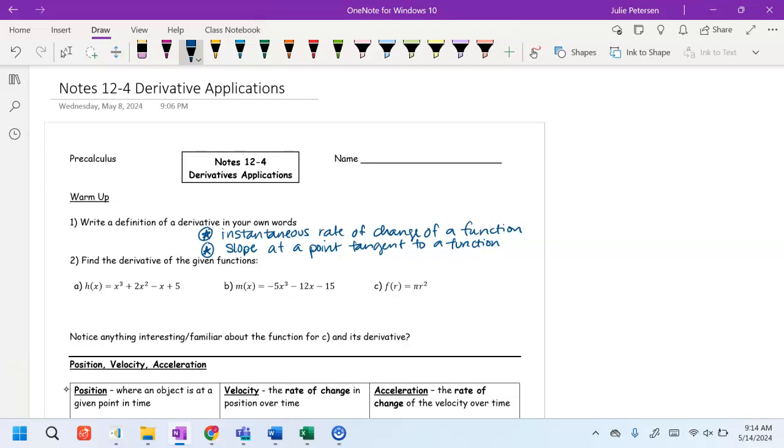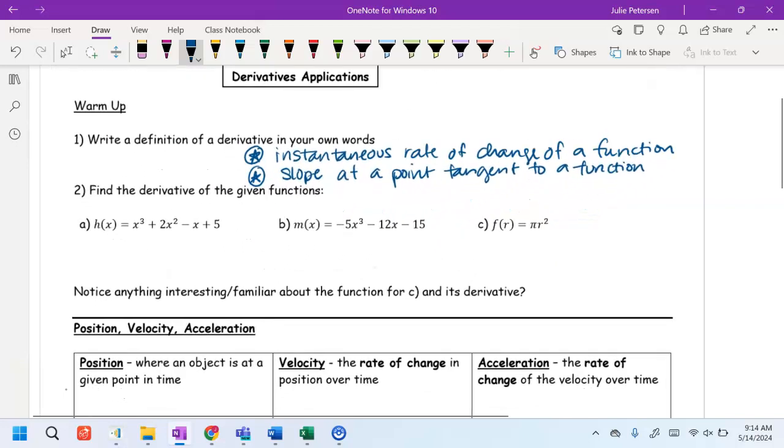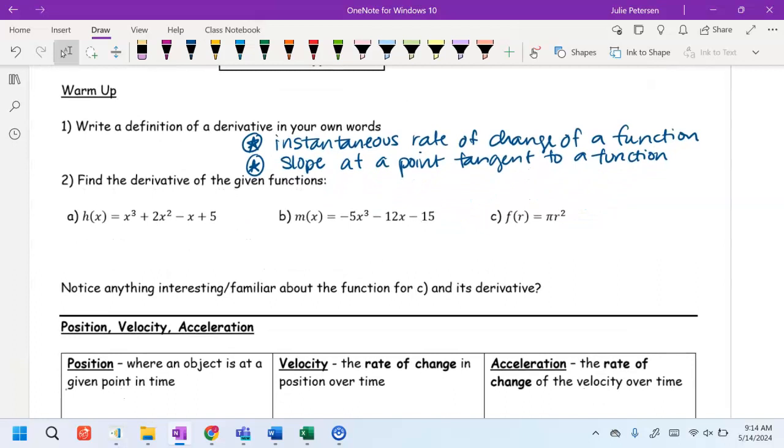So just a little review from last class. We're going to find the derivative of the next three functions here, and they are all ready for us to use the power rule. So we'll say h prime of x equals, and then we'll go term by term and use the power rule. So the x cubed, the 3 comes out front to be a coefficient, and the power of x drops by 1, so 3x squared. We do the same thing for the next term.